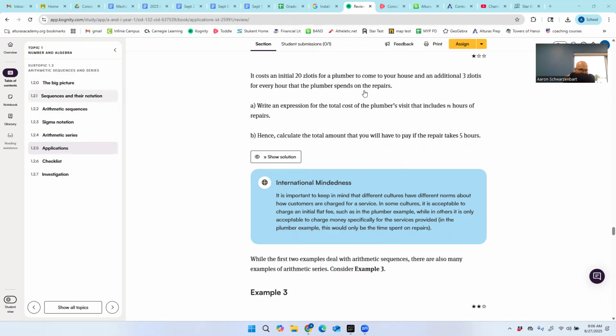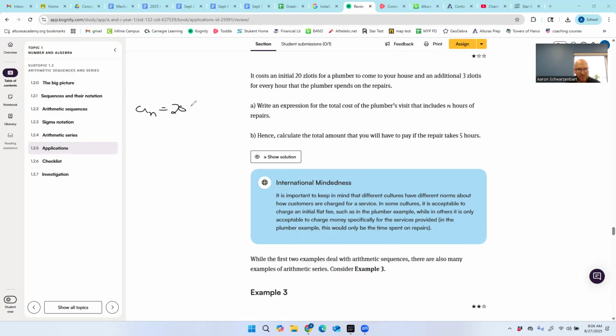So cost $20 for the first hour. That's an a sub 1. Again, it asks me for n hours of repair. That's going to be an arithmetic sequence. Keep in mind that in your formula packet, this is right at the top of the first page.